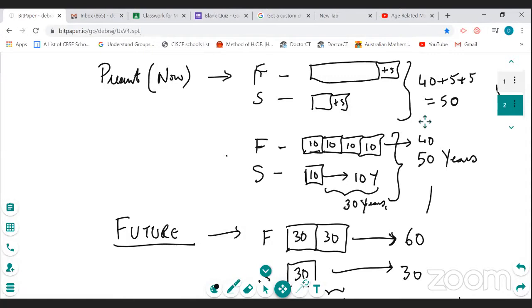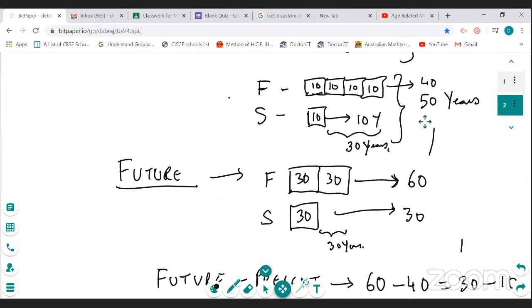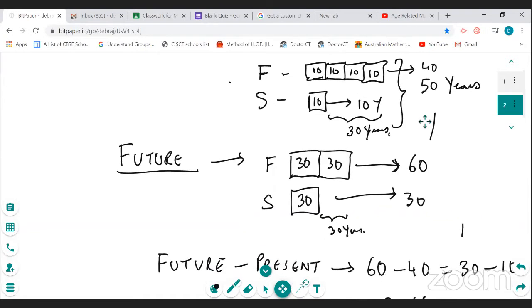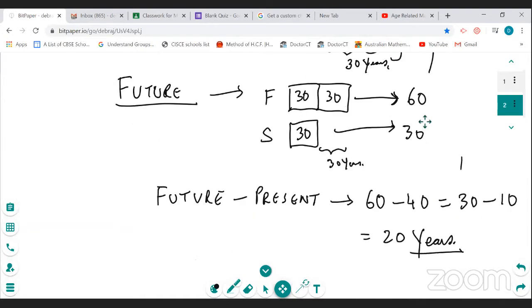Now using the difference of their ages, we established that after how many years father's age will be double of son's age, so that the difference of this one part is still 30. Okay, and that is how we proceeded to find the answer of this problem. It is a very elementary method without using any kind of equation, but using the relationships and the principles and some visual representation. Hope you like this video.